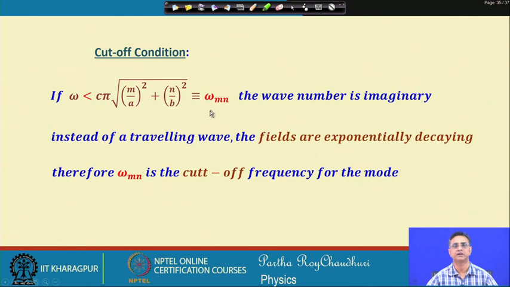We can set the cutoff frequency for the parameters given, a and b being the dimensions of the waveguide, and m and n taking the integral values 1, 2, 3, etc. Instead of a travelling wave, the fields are, as we have explained, exponentially decaying with distance. Therefore, omega m n is the cutoff frequency for these modes.